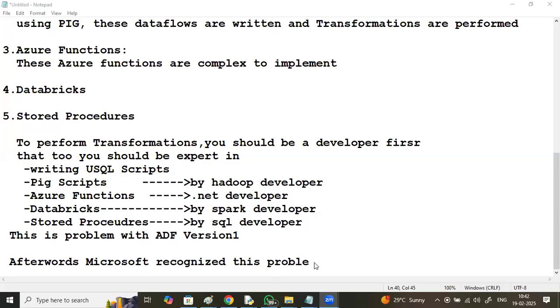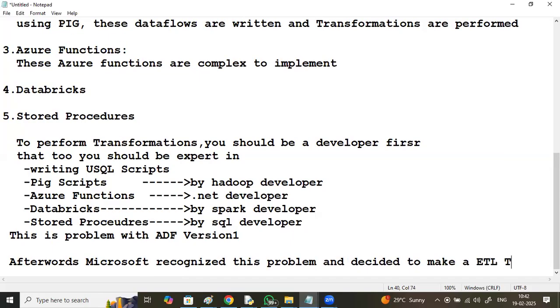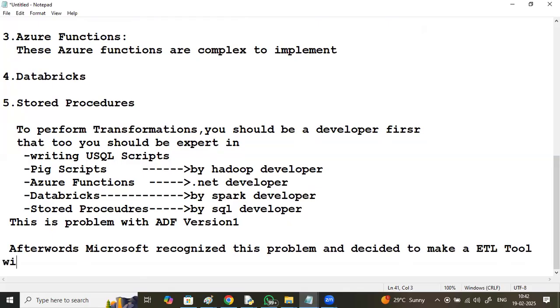Afterwards, Microsoft recognized this problem and decided to make an ETL tool with zero coding.